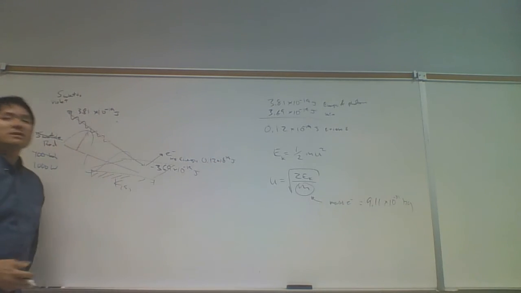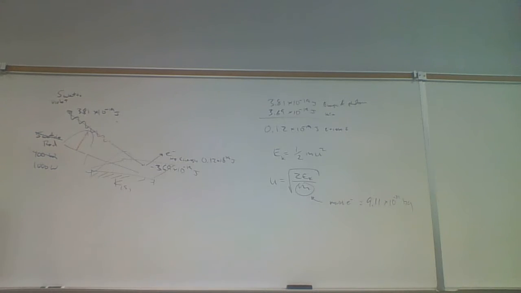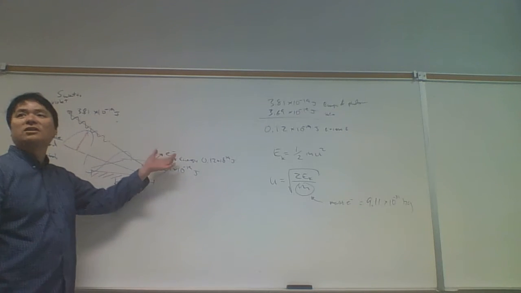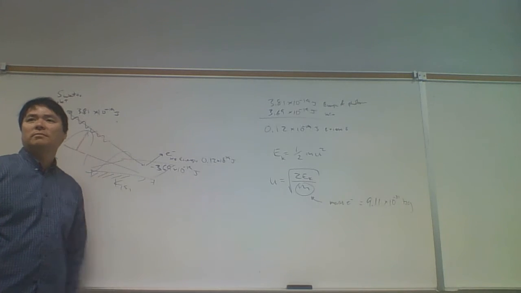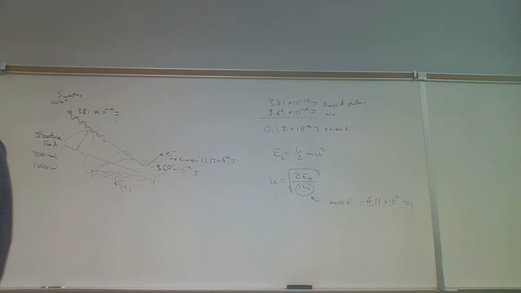If we have excess energy, it's going to kick the electron off. The more excess energy we have, the harder the kick behind the electron is. So all we're going to do is convert this excess energy into kinetic energy for the electron. The kinetic energy is just 1/2 m u squared, and we're just going to figure out what the velocity is. The more excess energy, the higher the velocity of the ejected electron.